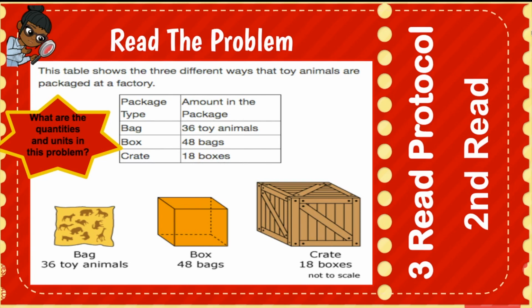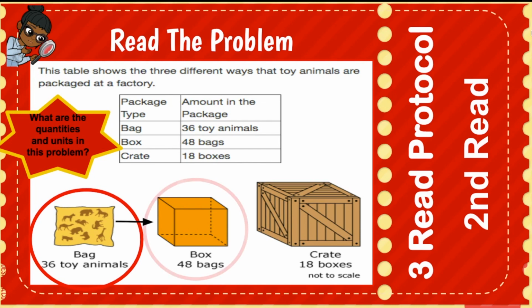So what are the quantities and units in this problem? There's 36 toy animals in a bag. There's 48 bags in a box. And there's 18 boxes in a crate.